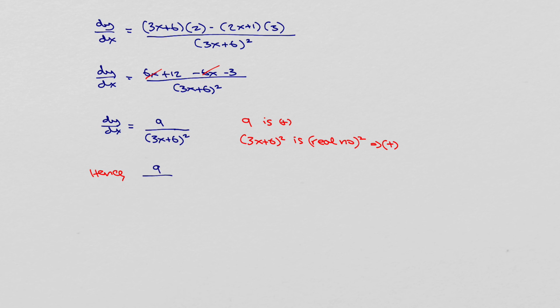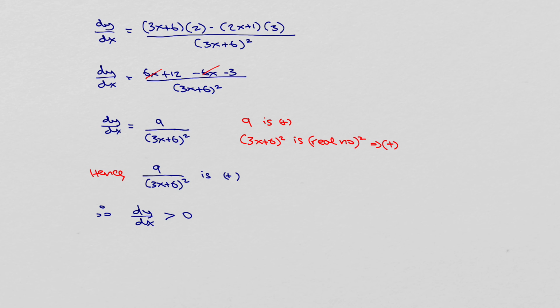So 9 over 3x plus 6 squared is definitely positive. So what that means is that dy/dx, the first derivative, is always going to be positive no matter what value of x I sub in there. Because even if I get a negative number on the bottom and it's squared, a negative number squared is still going to be positive.